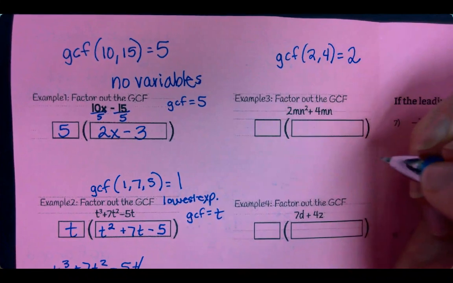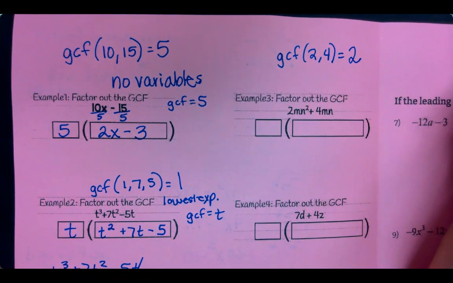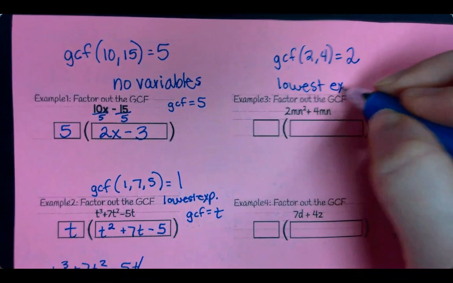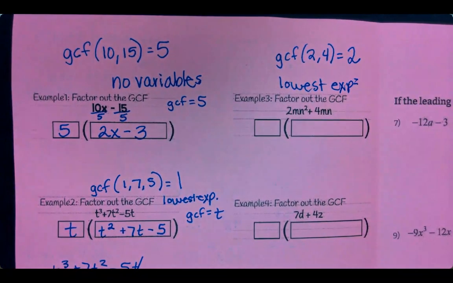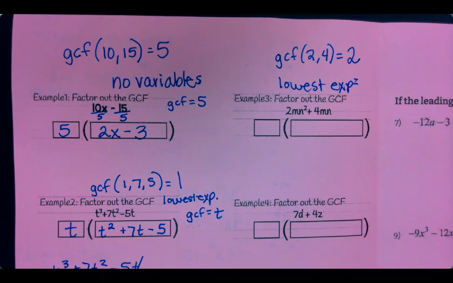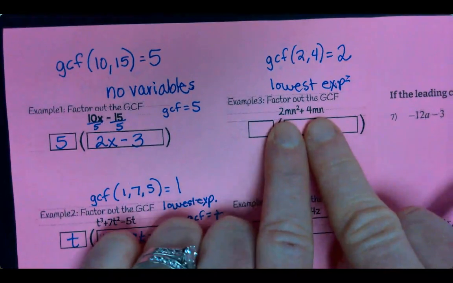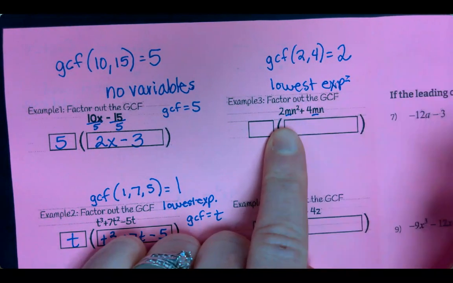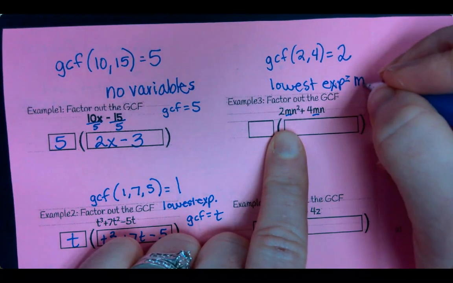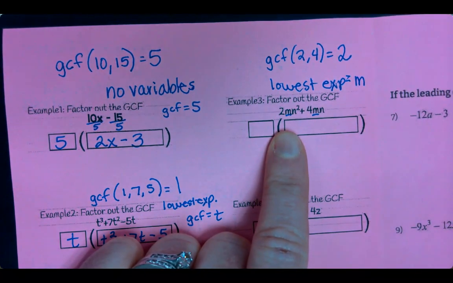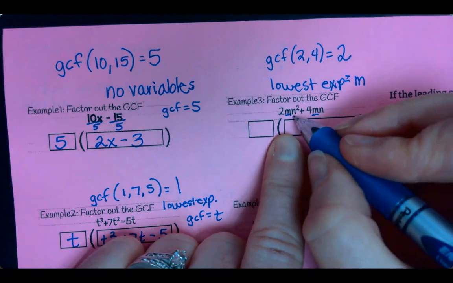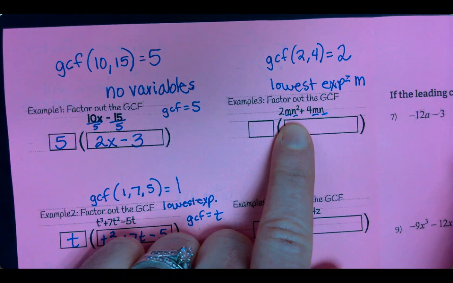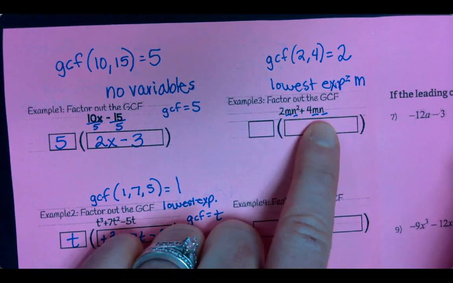And then we needed to find our common variables with the lowest exponent. So we'll look at m first. What do they have in common? They both have m. So we can take it out because we're looking for what's in common. What's in common is just m. And then n squared and n, you take your lowest exponent there. When they both have it, you take your lowest. So n squared and n would just be n.